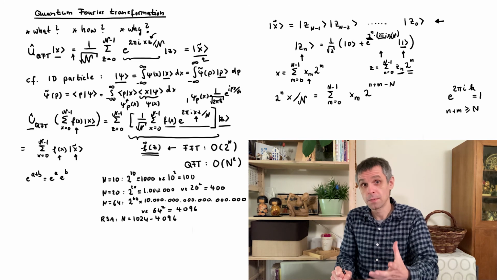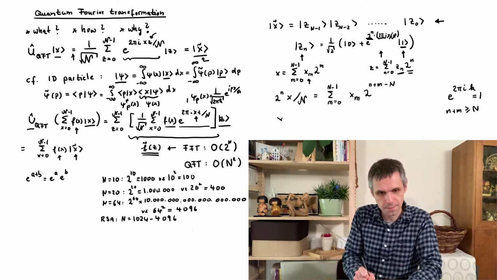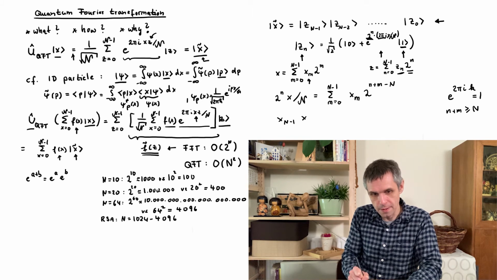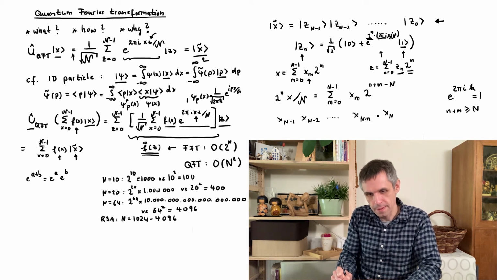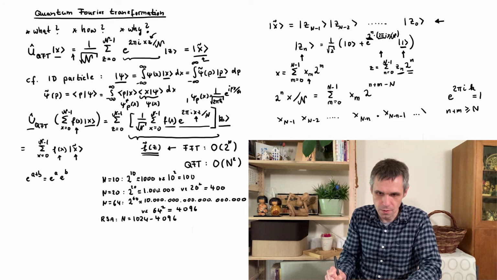In other words, we only want to keep the fractional part of this. And one way to write this down is to just write down this binary number until this place here. And then we make a dot, which is like our decimal point. And then we continue until x naught.